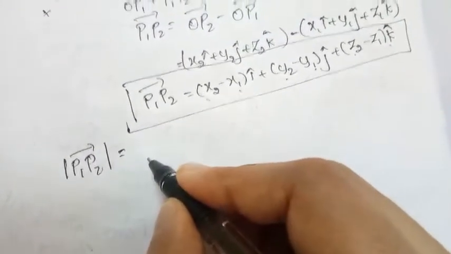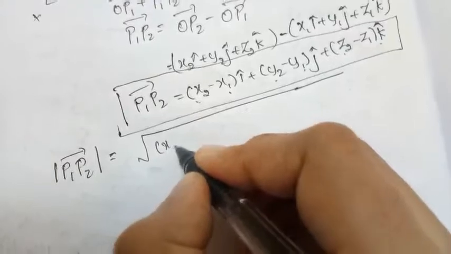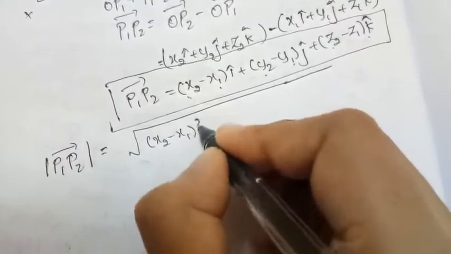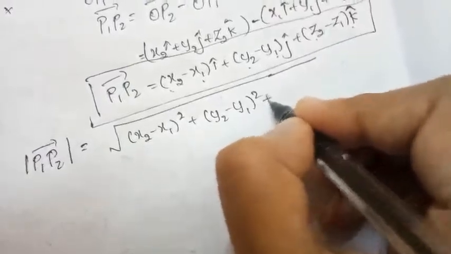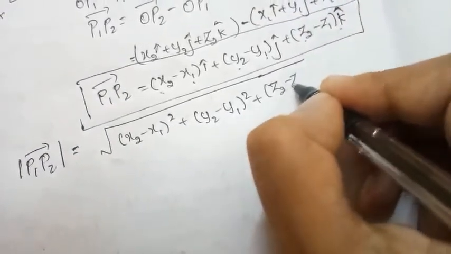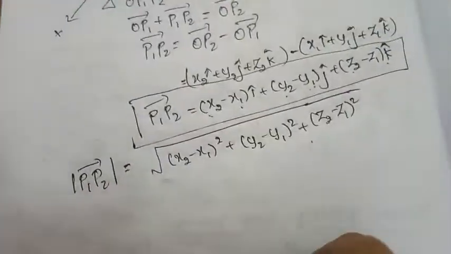It is the square root of the sum of the squares of the scalar components of the given vector. So that is the square root of (x2 minus x1) whole square plus (y2 minus y1) whole square plus (z2 minus z1) whole square. This is the magnitude of the given vector.